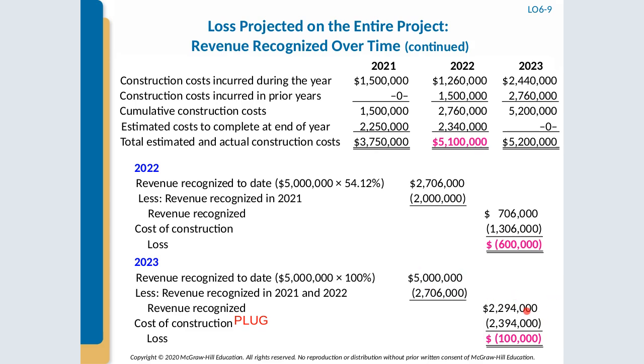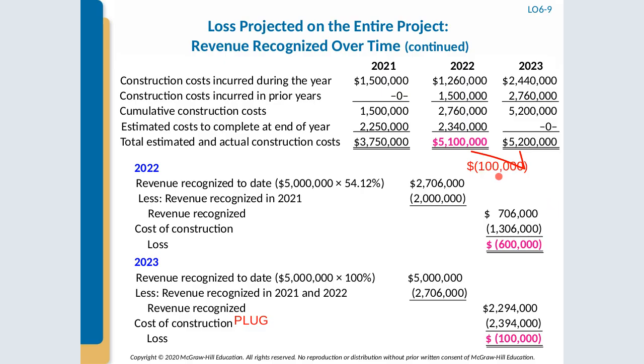We have the revenue that needs to be recognized in 2023. But when it comes to the cost, we're not reflecting the 2,440,000. We're plugging that difference to be the 100,000 that, remember, if we take 5.2 and subtract the 5.1, we have another $100,000 loss that we need to recognize.